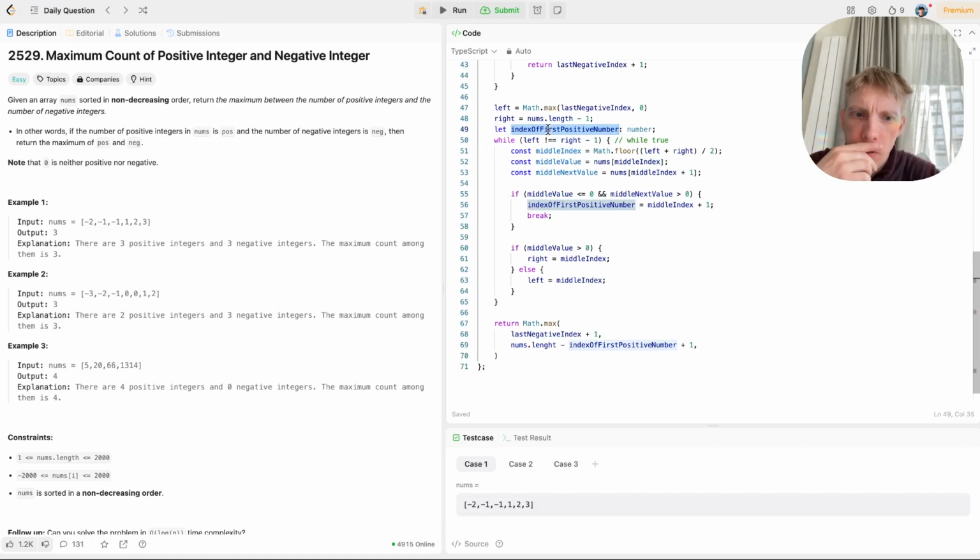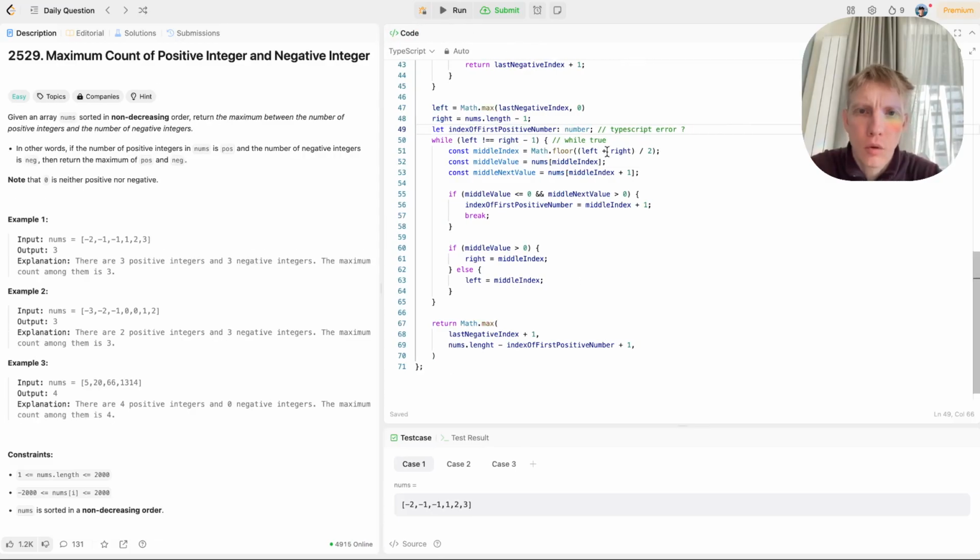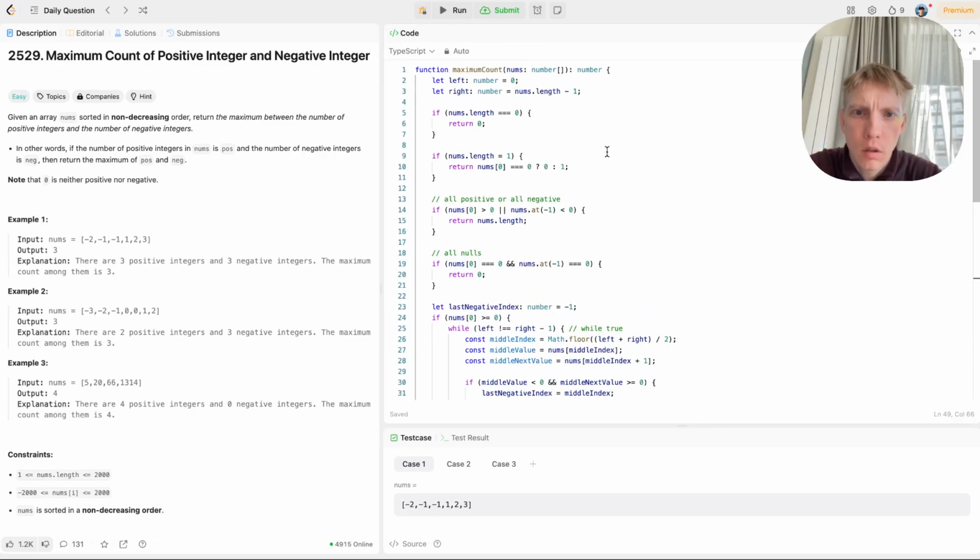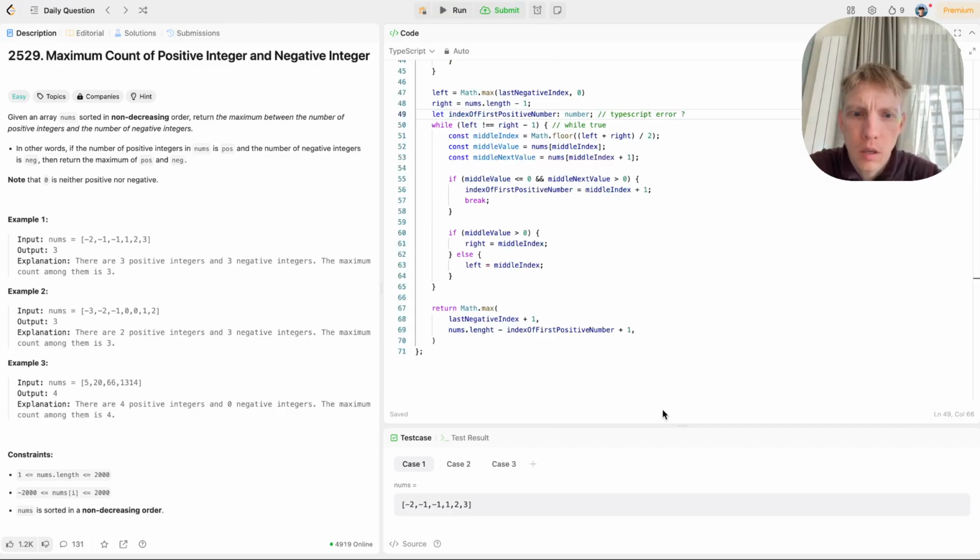Index of first positive number. I don't know. Here can be a TypeScript error because we didn't assign the initial value, but I'm not sure. It depends on TypeScript settings.